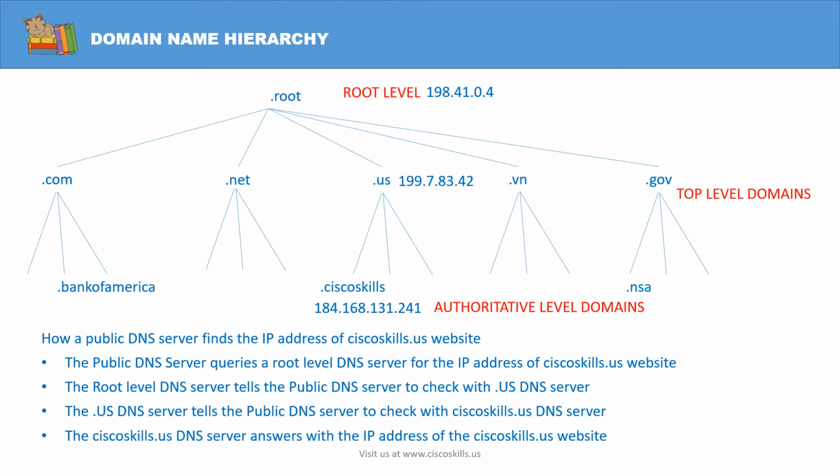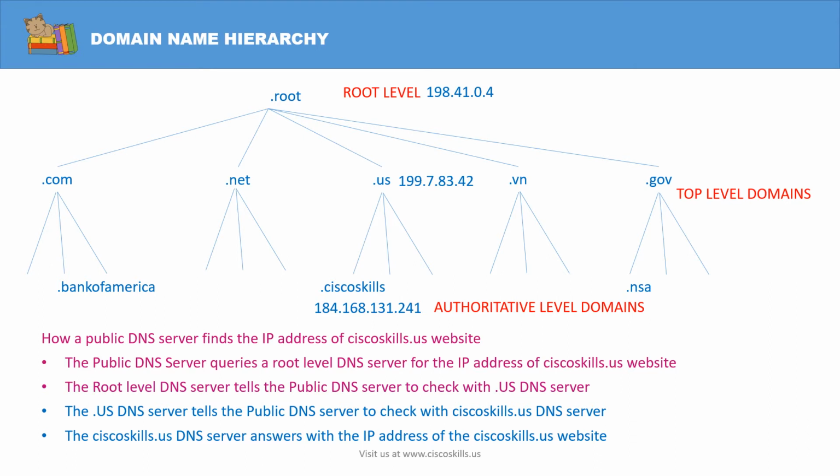Let's use the domain name hierarchy to figure out how a public DNS server finds the IP address of Cisco skills.us website. First of all, the public DNS server queries a root level DNS server for the IP address of Cisco skills.us website.